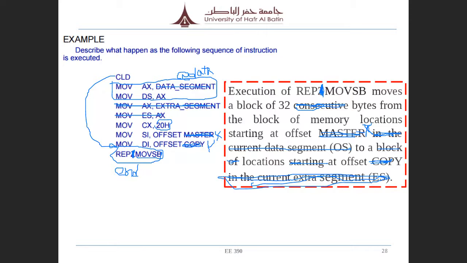A block of 32 bytes from the memory location with offset X to a location with offset Y, just Y. Okay, that's it. Is it okay? Clear?